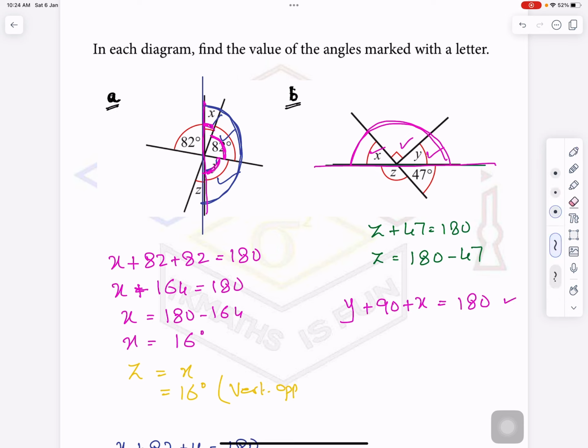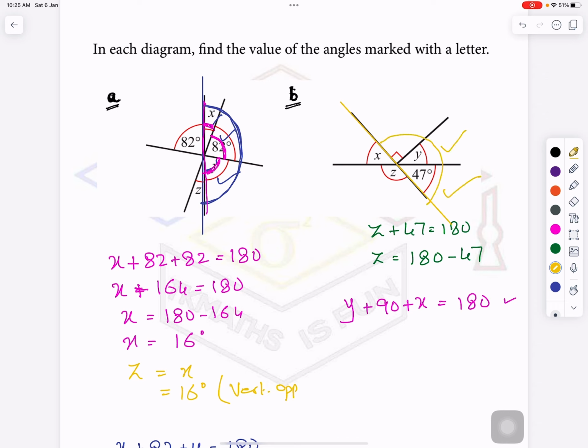So right now I cannot solve it. So I have to use some other straight line in the given question. This is how you look at the question. You identify yourself what is possible, what is not possible. So if I look at this straight line, in this straight line, there are 3 angles. So this is 90, this is 47 and this is y.